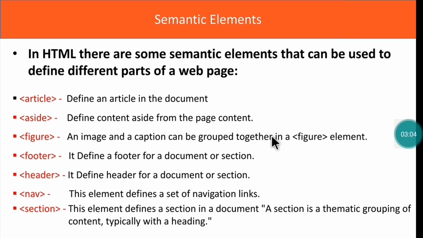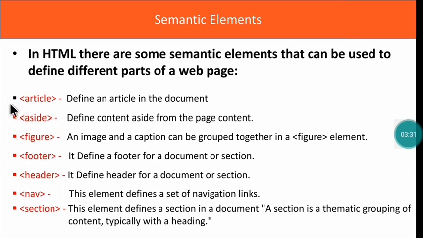They tell nothing about their content. Examples of semantic elements are form tag, table, article, aside, figure, footer, header, nav tag and section tag. Here are given article, aside, figure, footer, header, nav and section tags.